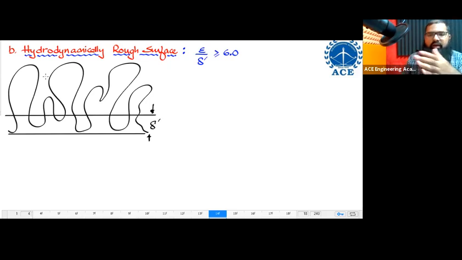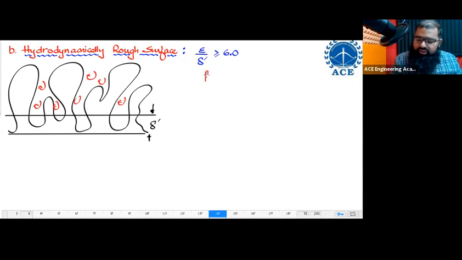Above delta prime, the complete flow is turbulent. So turbulent flow is coming in contact with surface roughness, and automatically the formation of eddies will take place. This case is known as a hydrodynamically rough surface.